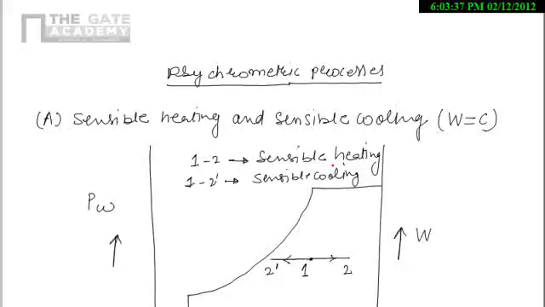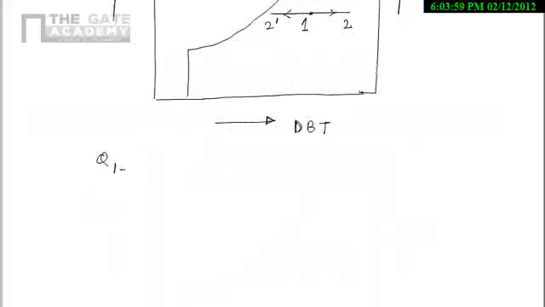During sensible heating and cooling, what will be the heat load? So for heat load, I will give one formula. For sensible heating and cooling, we have Q12 = G(1.005 + 1.88 W)(T2 minus T1).